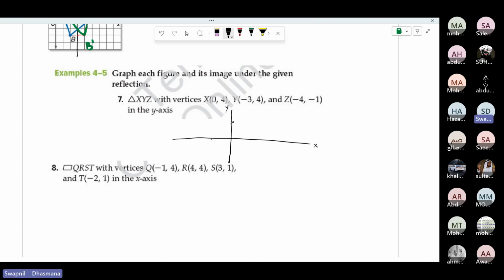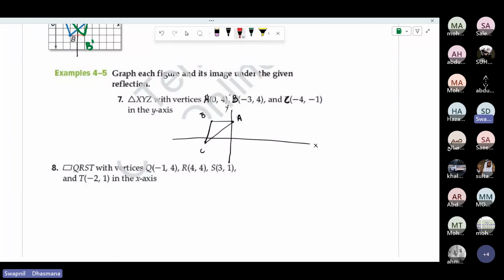Minus 3 x and 4 y. Minus 4 x and minus 1 y. So this should look like this. Let's make it ABC so that there is no confusion. So this is A, this is B, this is C.